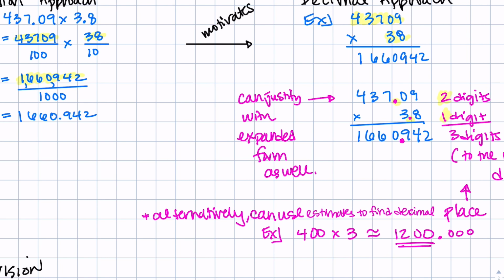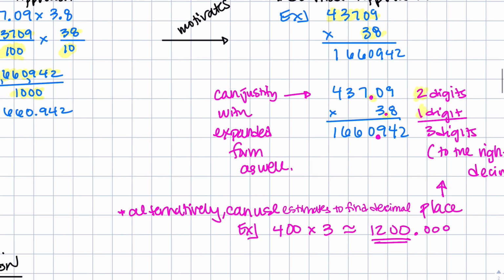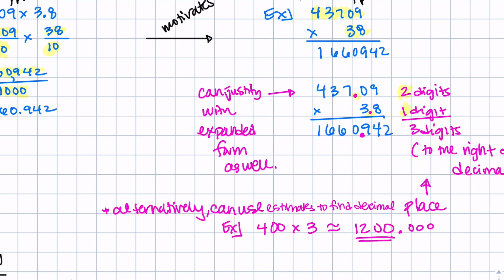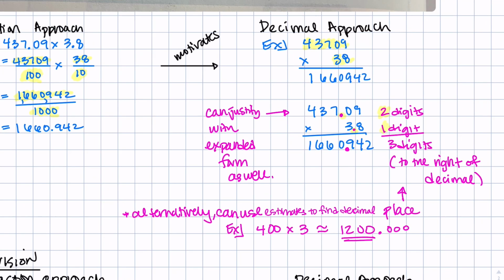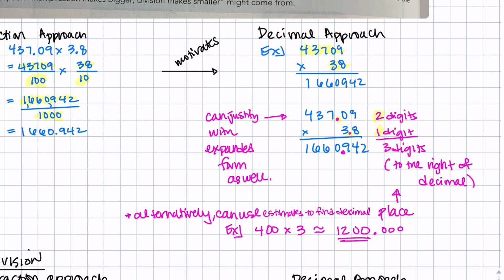So I am multiplying a 10 squared by 10 to the first power, so I should get a 10 cubed here. So that's 3 decimal points to the right. And so again, that's exactly where this algorithm comes from, or motivates this algorithm.